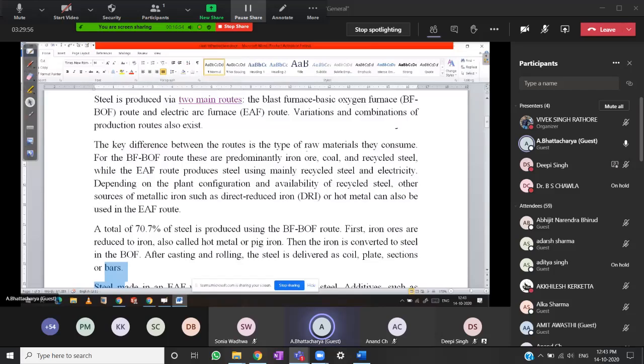This EAF is very much popular, because it needs a lot of electricity. Now, whenever the electric arc is started, it is so heavy that the line frequency, grid frequency goes down.